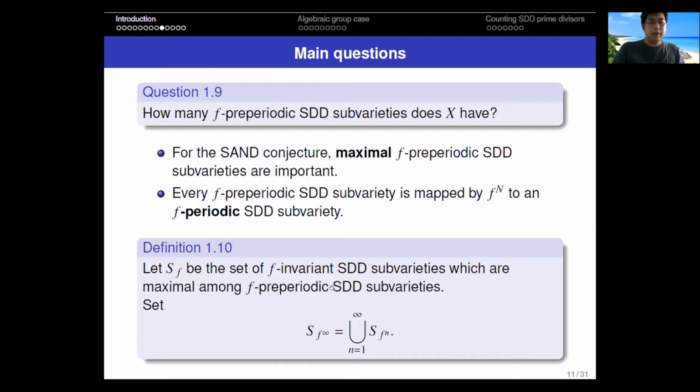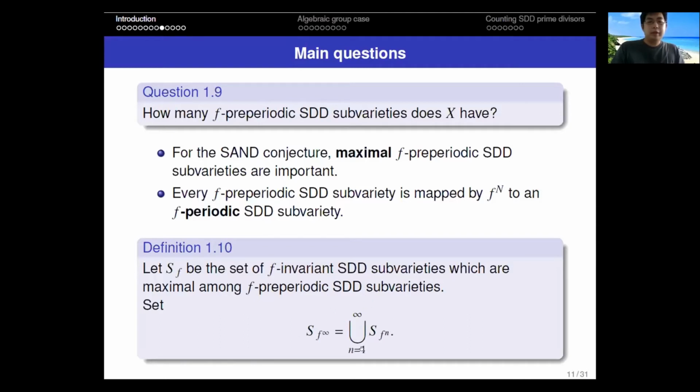And so S_{f^2}, S_{f^3}, and so on give all f-periodic maximal SDD subvarieties. So we take the union of all S_{f^n}.